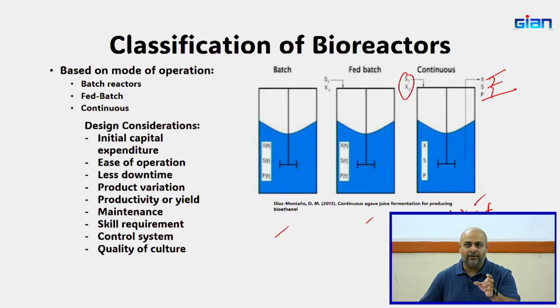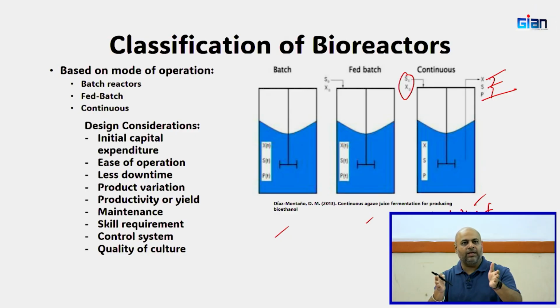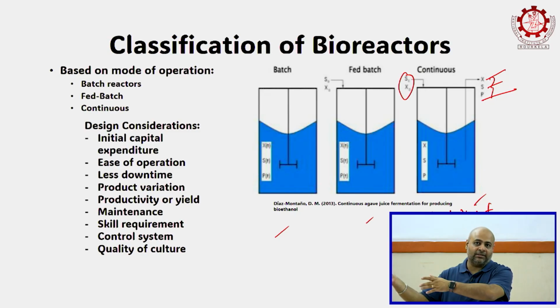So, you have a reactor, all the reactions are done. So, let's say you started it now, it took 3 or 4 hours for the whole process to end. After 4 hours, you open it, you remove your mass, cell mass, you clean it. It takes you 2 hours to make it ready for the next batch.